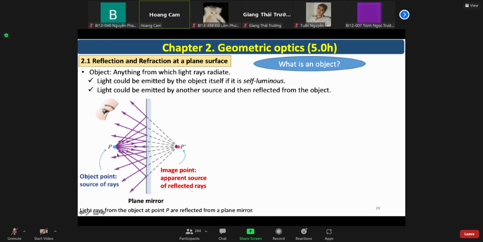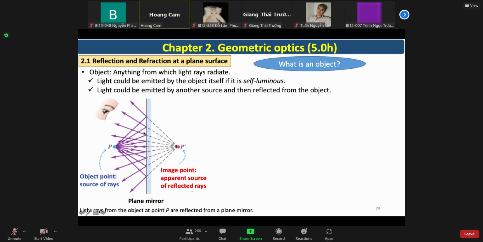All of the reflected rays, we see that they don't actually meet each other, but they seem to start at the same point, right? So in order to find the image, we need to find the intersection of these reflected rays, so we will draw the extension lines here. That's why this part is drawn with a dash.